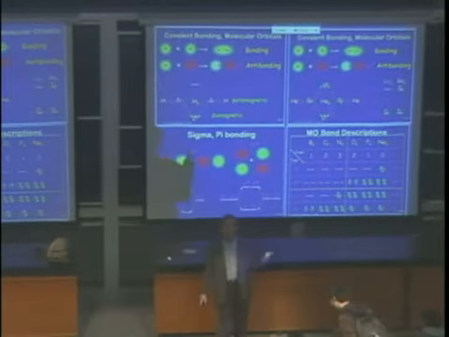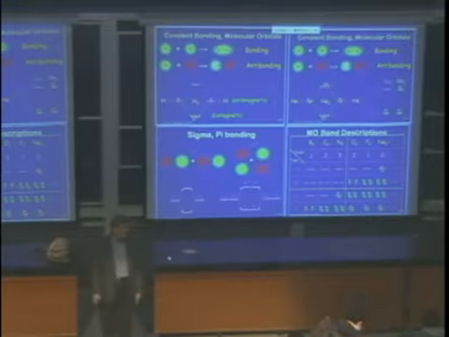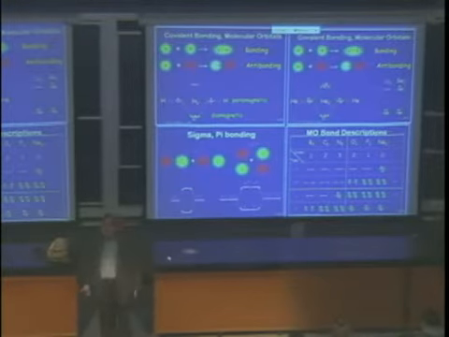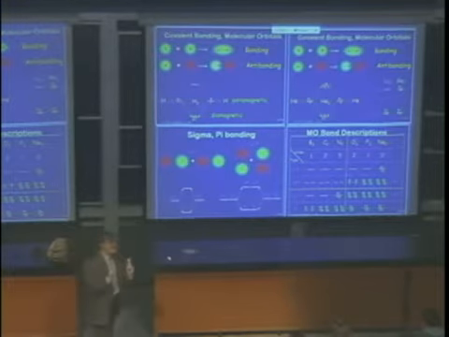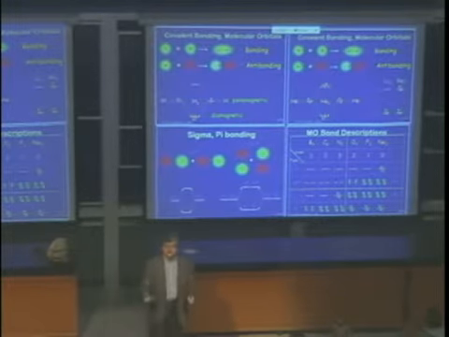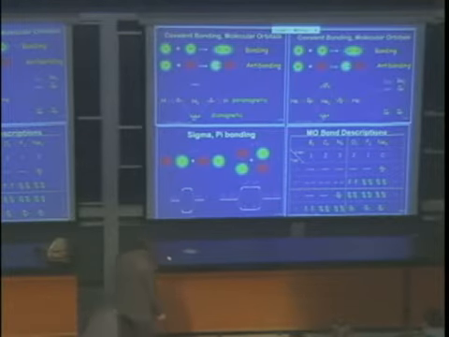And the sigma bonds can be formed with s orbital overlap, and also if a certain p orbital overlaps, then you can have a sigma bond. And pi bonds you only can have from two configurations of the p orbital. Let's go a little bit more into detail of that.